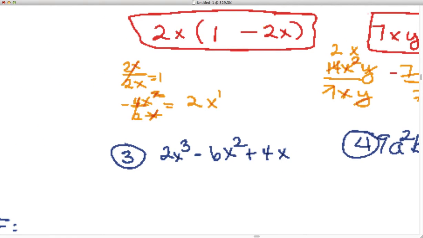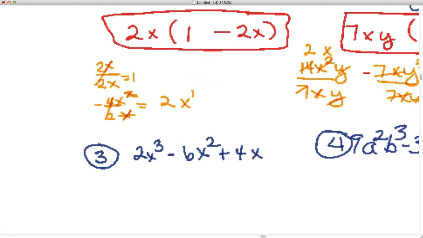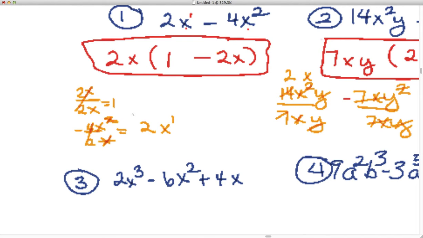So here's a trinomial expression. The trinomial has 3 even numbers, so it's a safe bet to say that 2 is common to all of them, and the largest power of x that's common to all of them is an x. So here you'll be left with, let's see, 2x cubed over 2x.